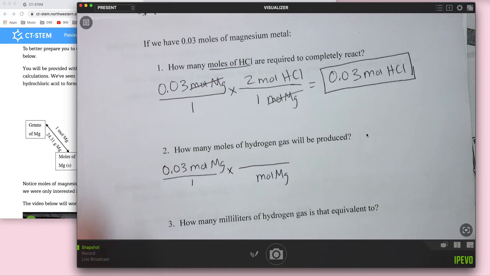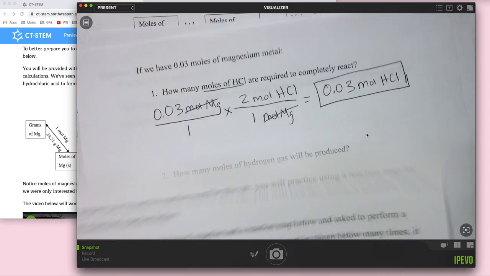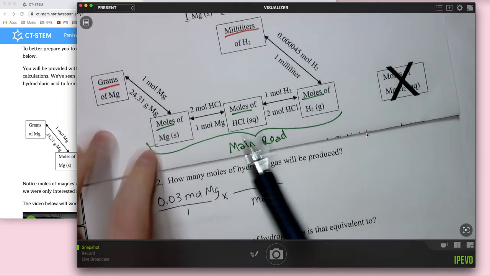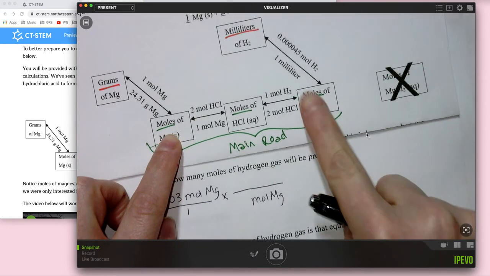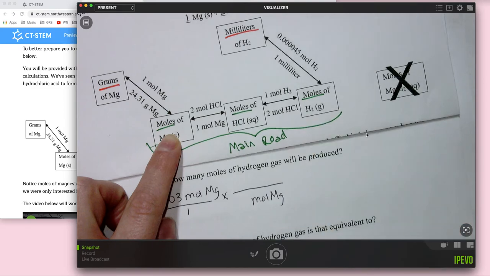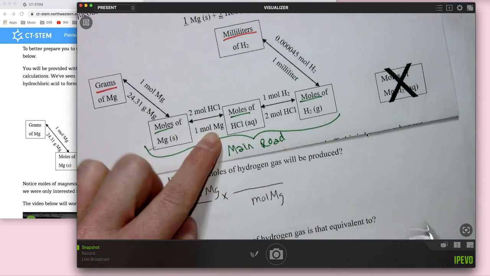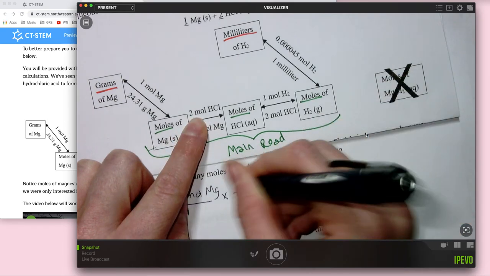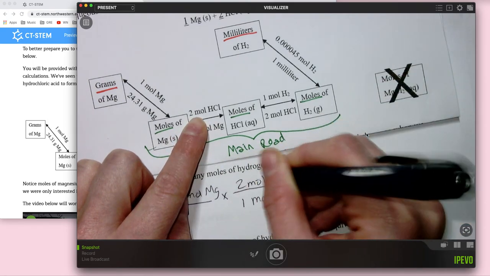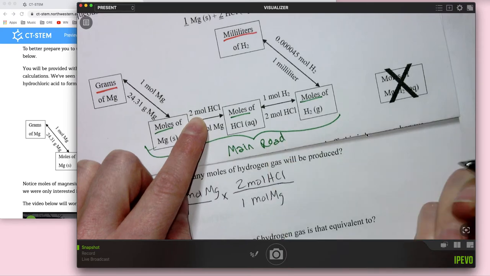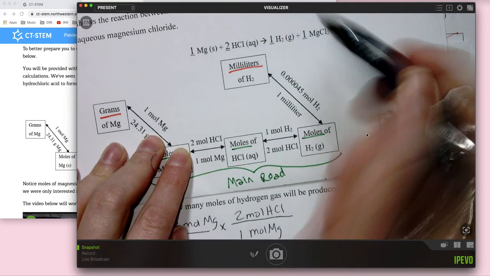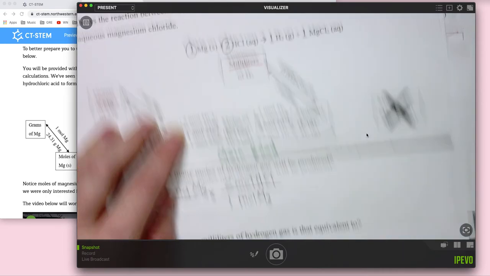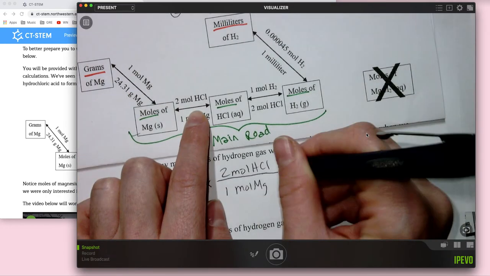Looking at my reaction map, I start here, I'm trying to get over here. So I have to go through this conversion first. 1 mole of magnesium is equal to 2 moles of hydrochloric acid. And again, you'll notice this 1 and this 2 are just coming from here, right? Okay. So that gets me here.